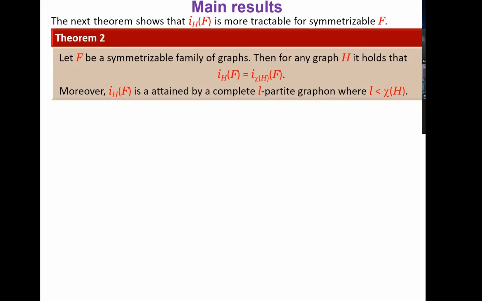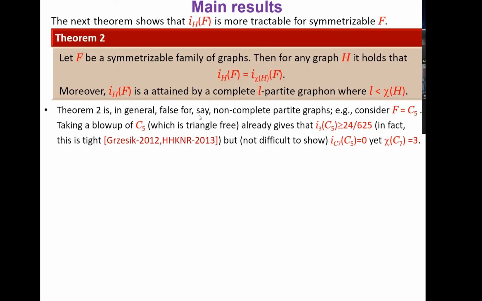We don't know what the number of parts will be, but it surely will be less than the chromatic number. And of course, we don't know what the sizes of the L parts will be, but at least we know that the limit will be some graphon of this type. So this is important. It's not such an easy theorem, but it does hold.